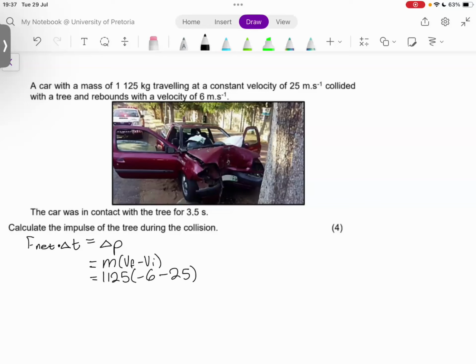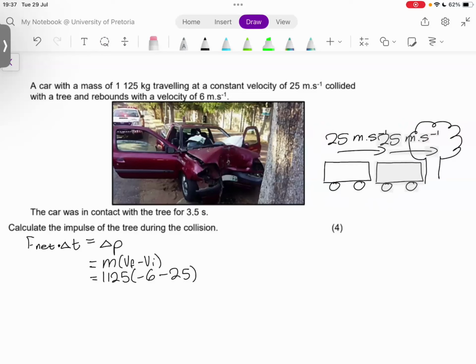If I had to sketch this out, just imagine that's a tree, guys. I have my tree over here, and right here, I'm gonna have my car. My car travels at 25 meters per second.